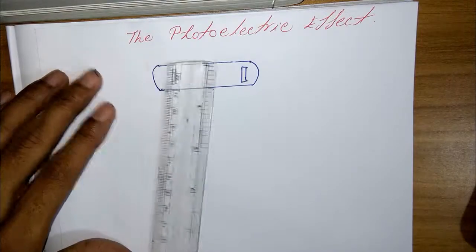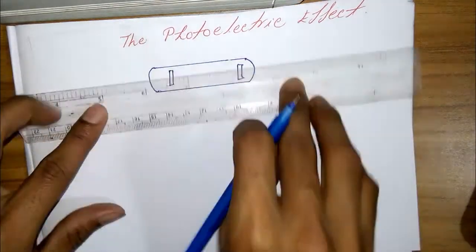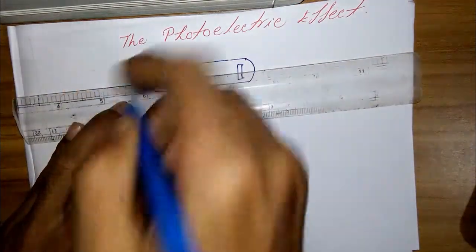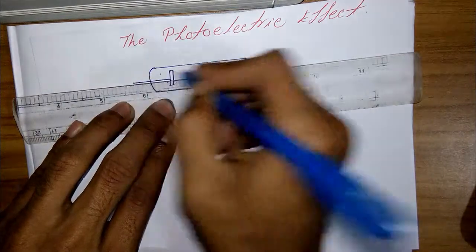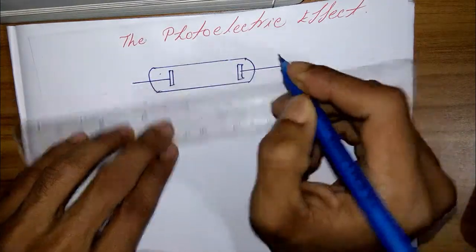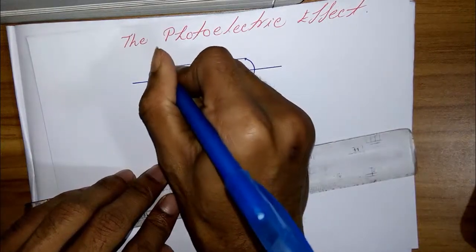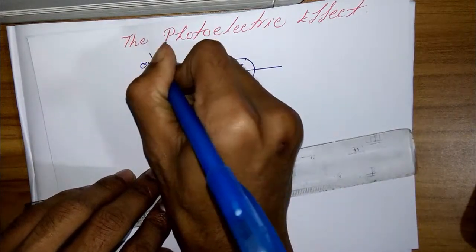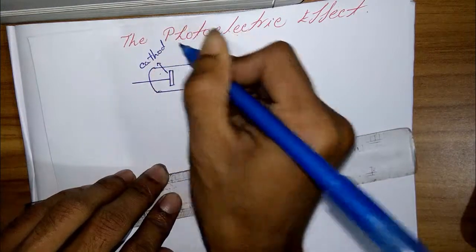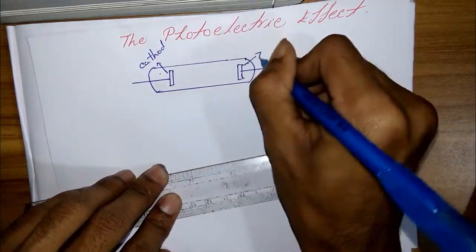After it's connected with voltage, this is the cathode and this is the anode.